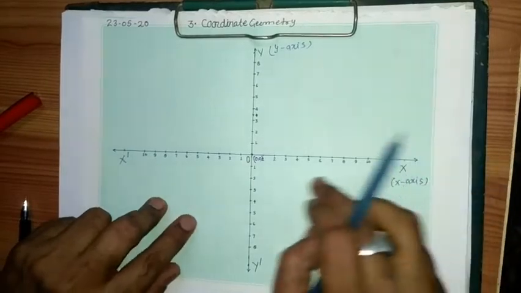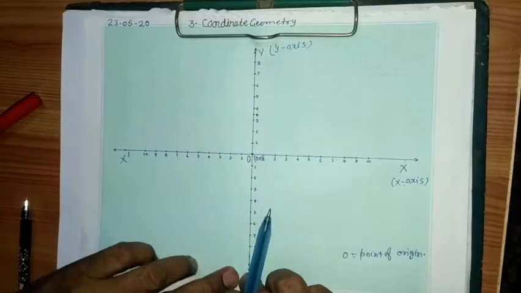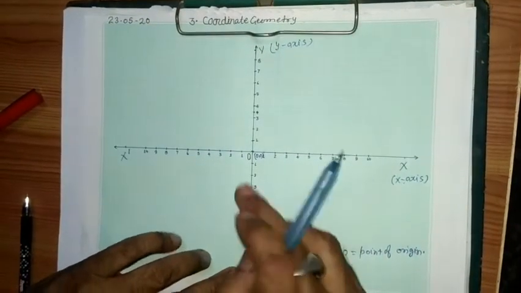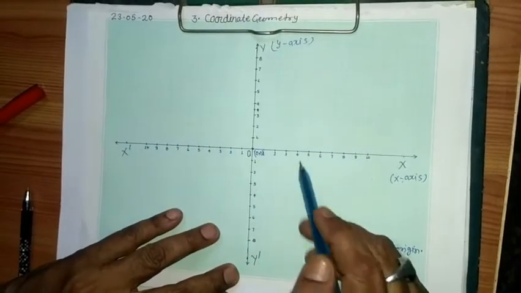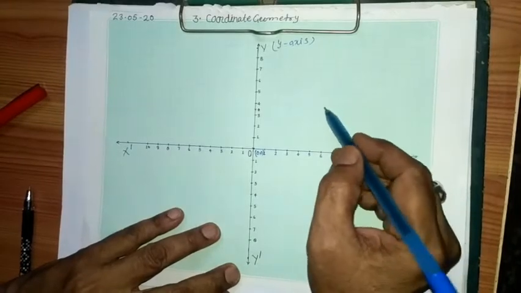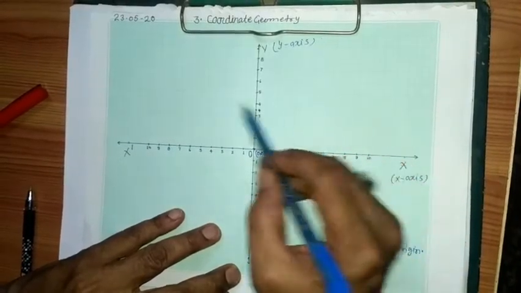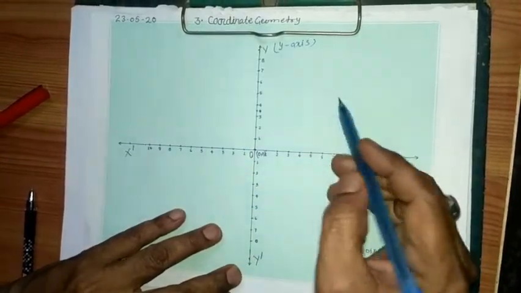The x-axis and y-axis in a plane divide the plane into four parts. Starting from the right side, these four parts are called quadrants.